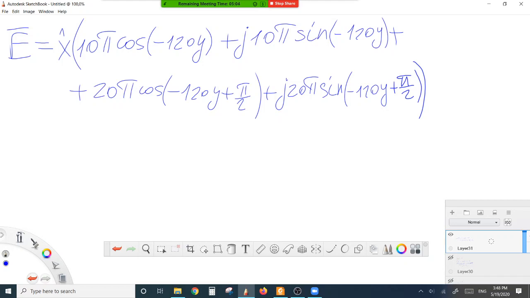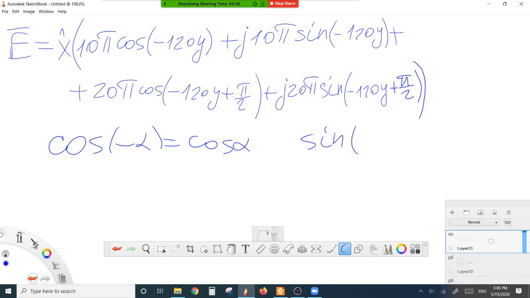And we know that cosine of minus alpha is equal to cosine alpha, and sine of minus alpha is equal to minus sine alpha. If we apply it here, what do we get?